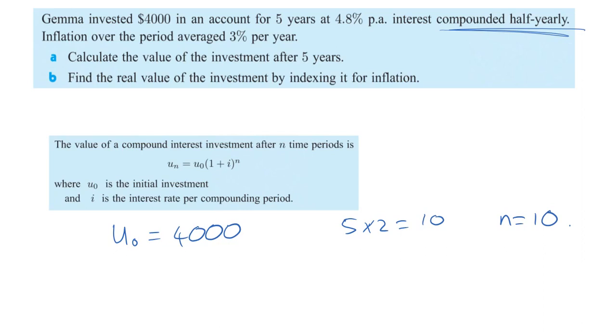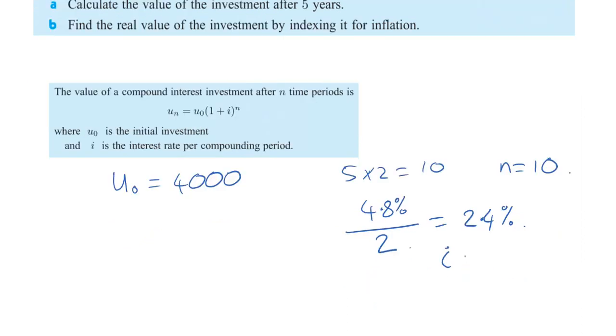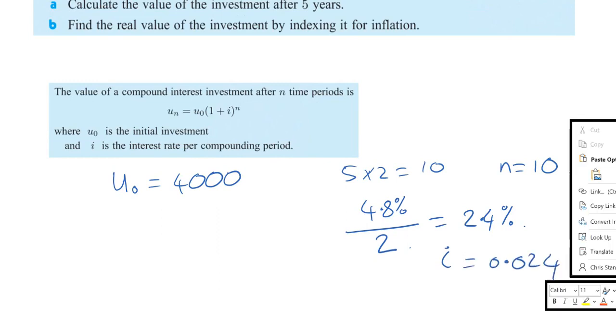In terms of the interest rate per compounding period, well, we have that the interest rate per year is 4.8%. But we're going to need to divide that by 2 because it gets compounded twice in a year. So that every compounding period, it increases by 2.4%. So this means that I is equal to 0.024.